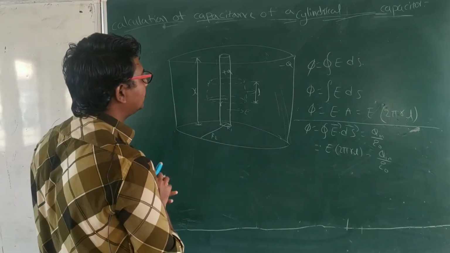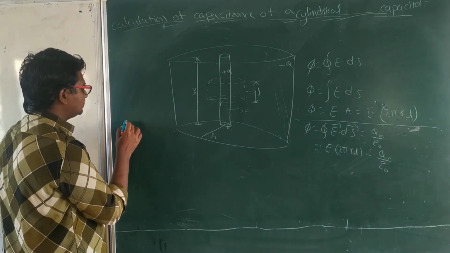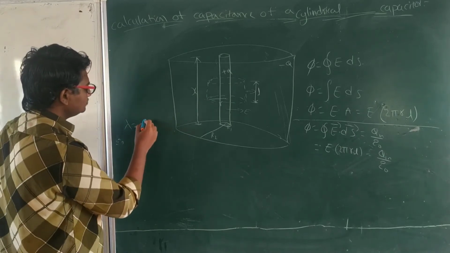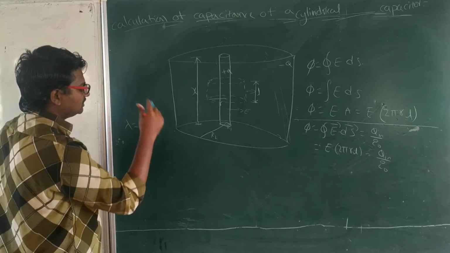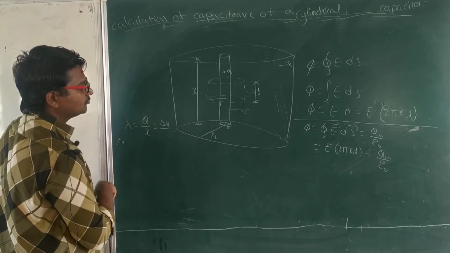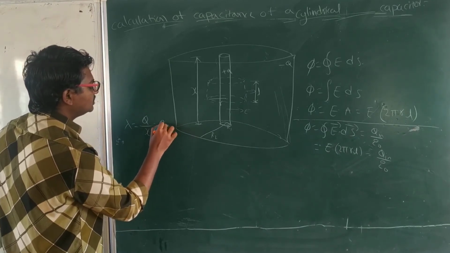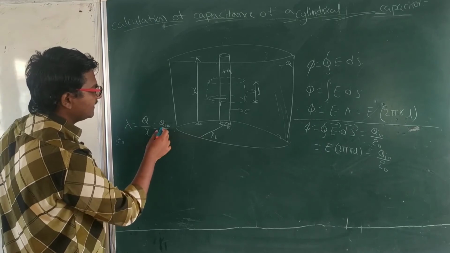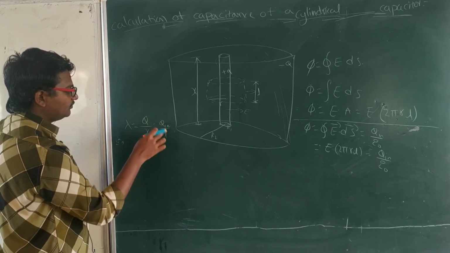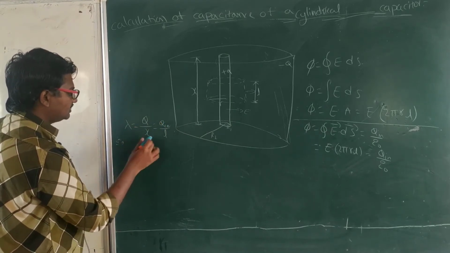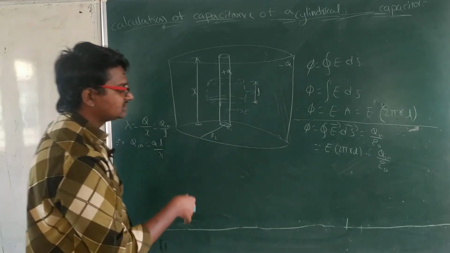The line charge density lambda is equal to the total charge Q by the total length x, which is the charge per unit length. So the charge enclosed in the Gaussian surface, Q in, over the length L, is Q by x into L. That is, Q inside is equal to QL by x.